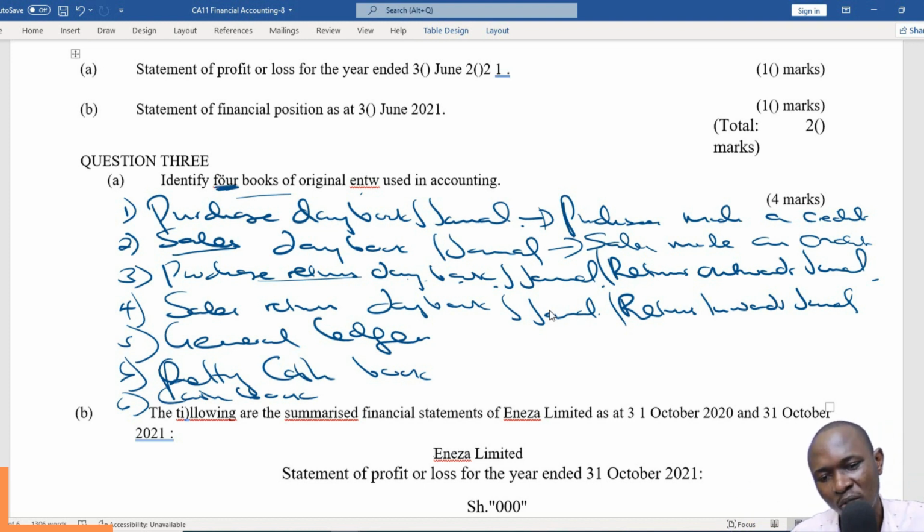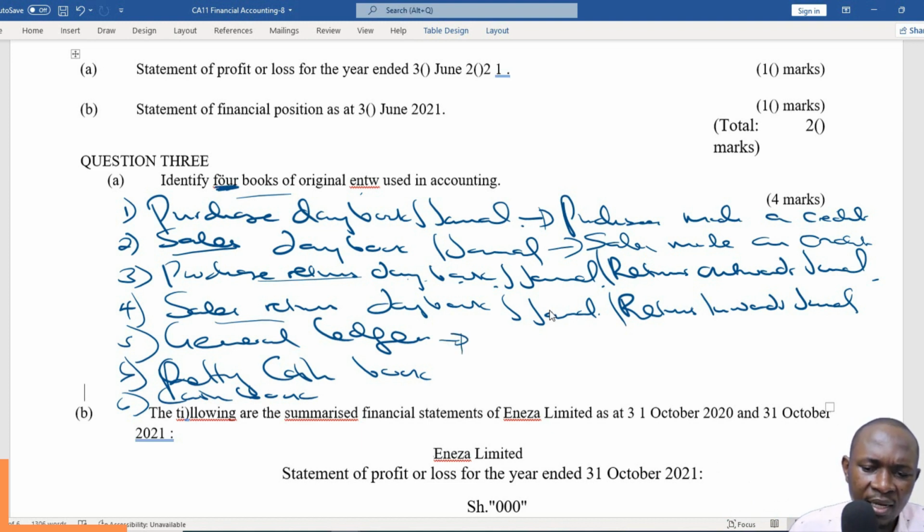In that case, you return them back to the supplier, and you record that in the purchase returns day book. Sales returns day book: when you sell goods to customers, then for one reason or the other, they return these goods back to your business. That's why it's called returns inwards. They are returning them back to you. So that information should be captured in the sales returns day book.